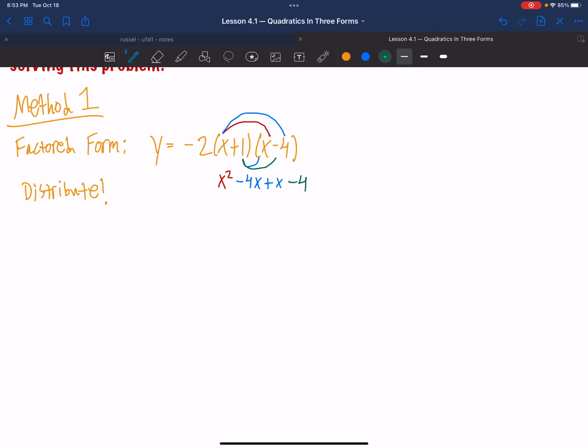Notice this is just x squared minus 3x minus 4, and that's that part distributed. But you still have this negative 2 out here, so it's negative 2 times this, negative 2 times this. And that's it, I have just distributed. Sometimes we call this FOIL, which stands for first, outer, inner, last, if you care.